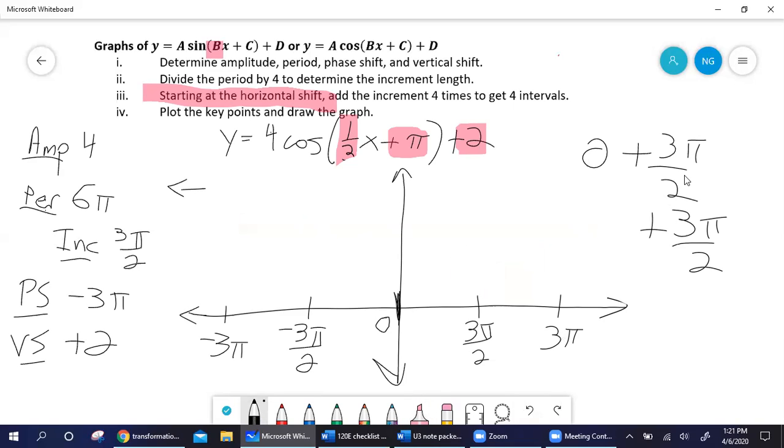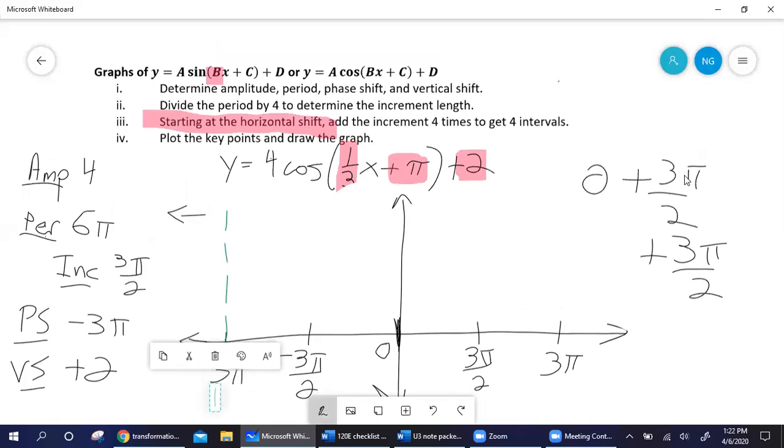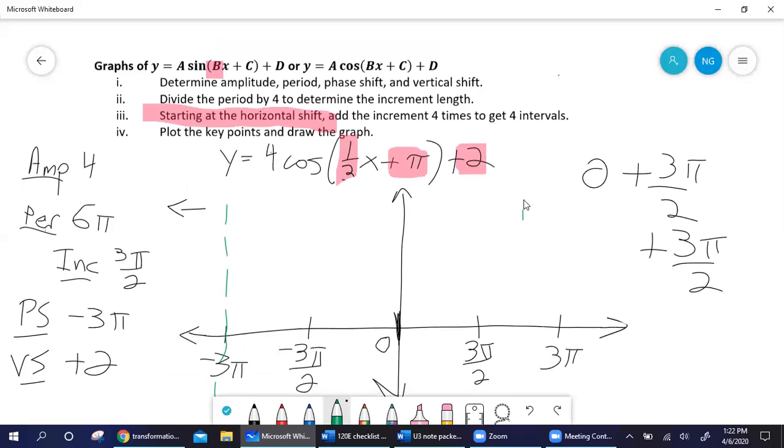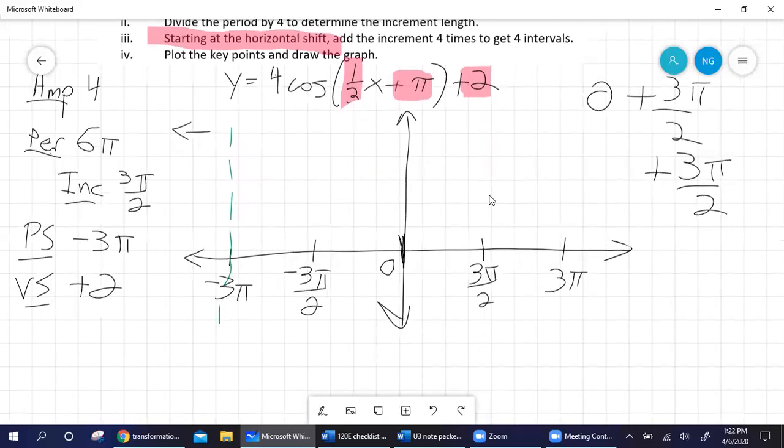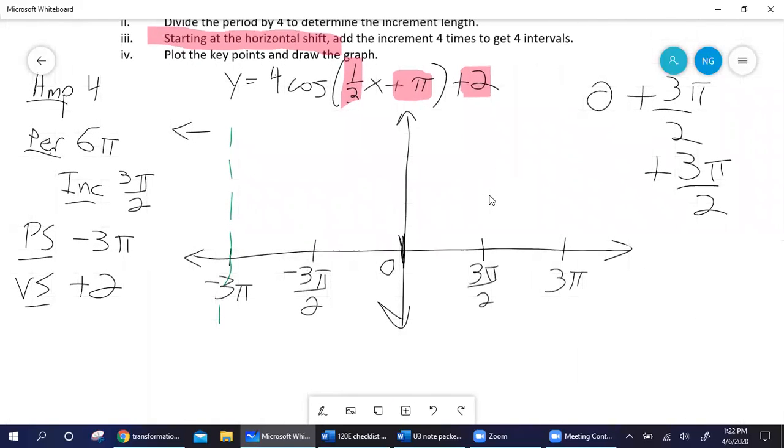Now, as far as the y-axis goes, actually, sorry, my starting line vertically is back here at negative 3 pi. For the y-axis, let me try to do a little adjustment here so we can see a little more. There we go. For the y-axis, I'm starting up 2.